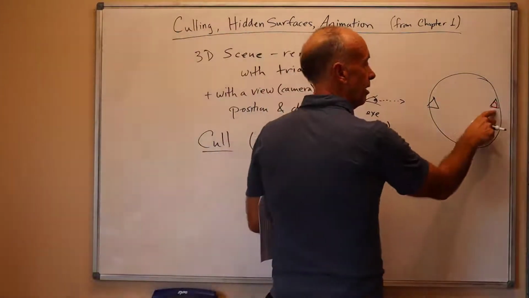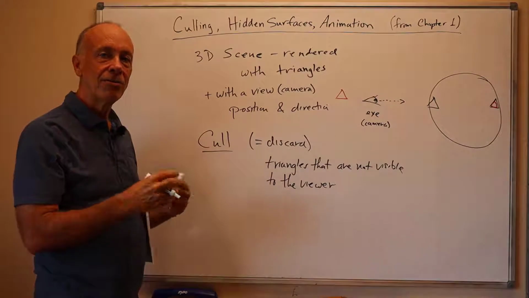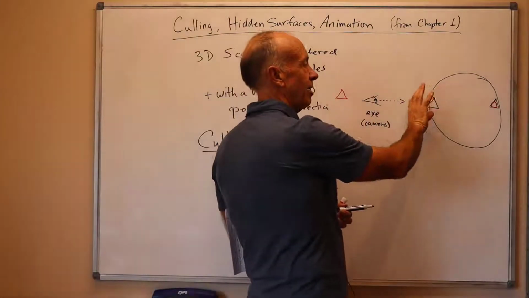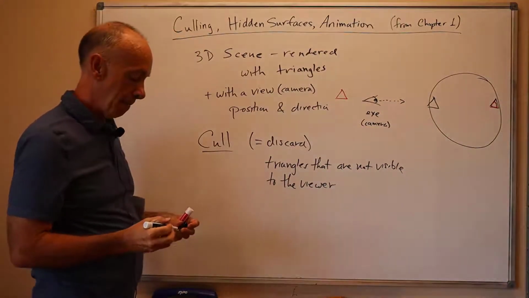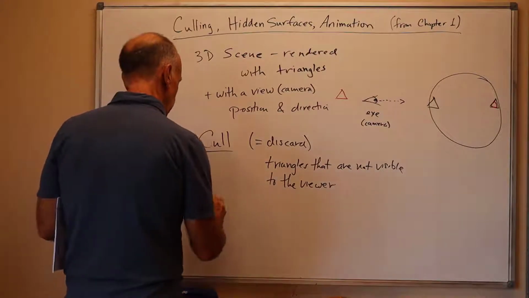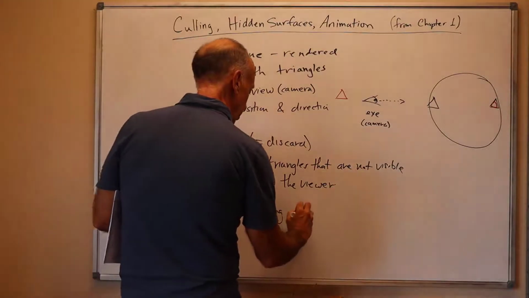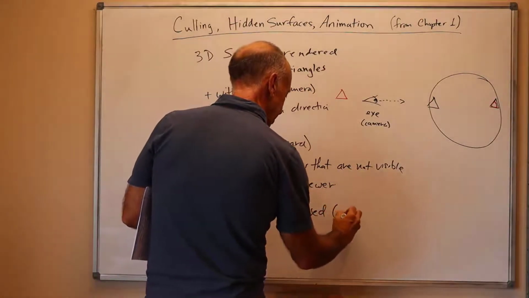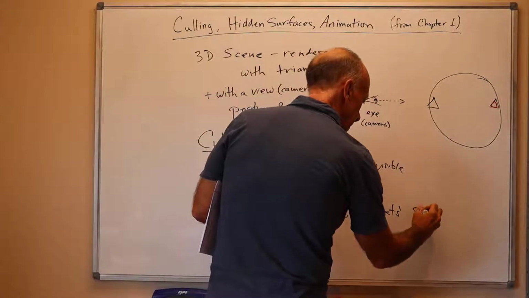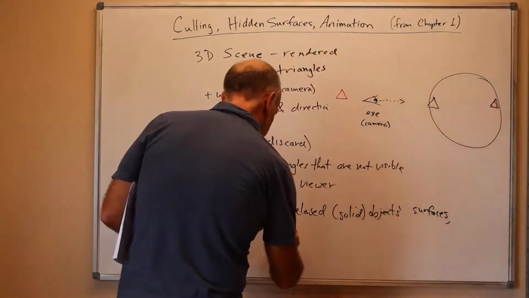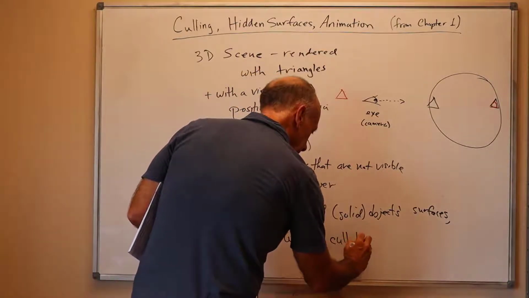But then other ones, like here's a triangle that's on the inside of the sphere, facing inward towards the viewer, but the viewer is outside the sphere, so we know ahead of time that the front side of the sphere is going to hide the back side of the sphere, and so we can also cull back faces in this case. So when rendering closed surfaces, think of solid objects, we can also cull back faces.